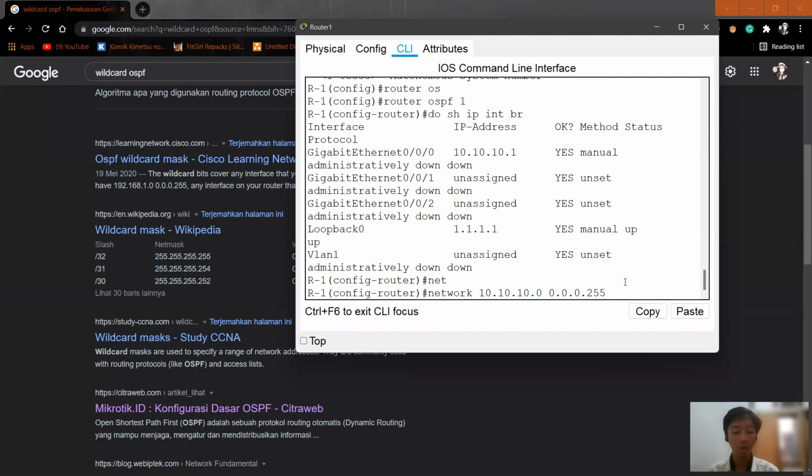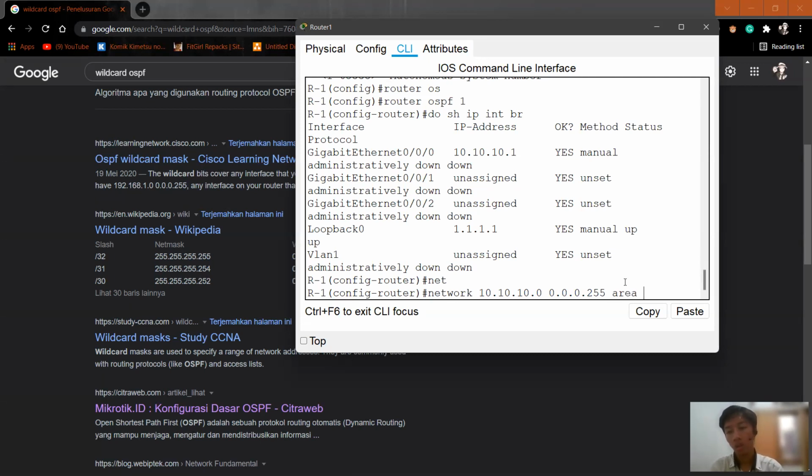Area 0 is the backbone area, the data center area.